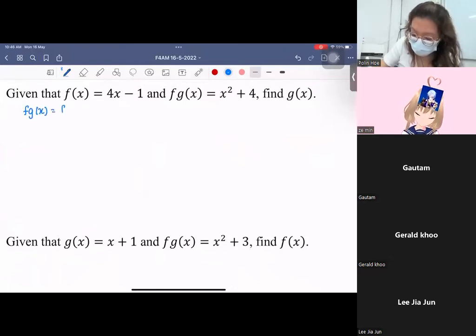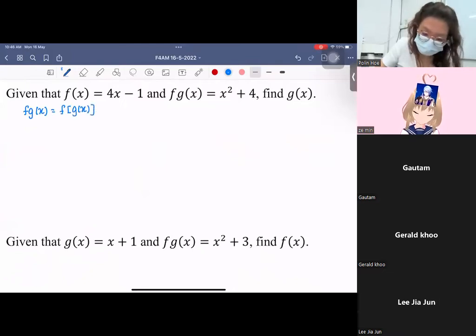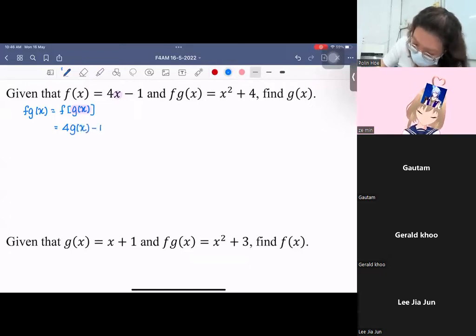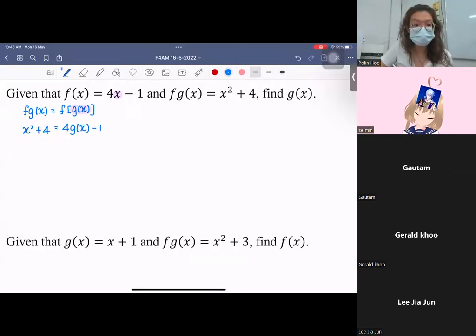f(g(x)) equals... I need to change my x to g(x). So g(x) - 1 is equal to x squared plus 4. My question asks me to find g(x).